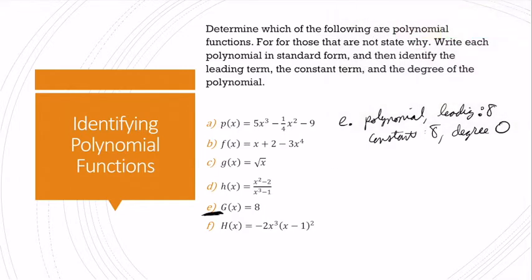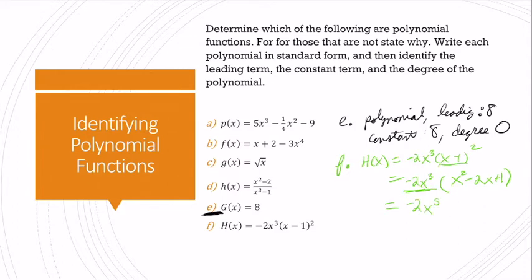Last but not least, F. I have h of x equals -2x cubed times x minus 1 squared. Well, this is a polynomial, but it's definitely not in standard form. We're going to have to FOIL this out. X minus 1 squared gives me x squared minus 2x plus 1. And then I go ahead and distribute the -2x cubed.